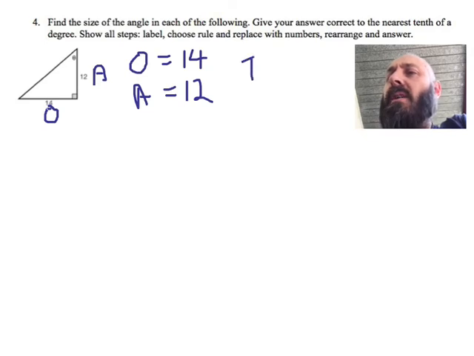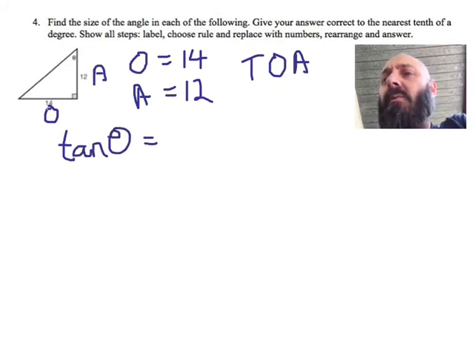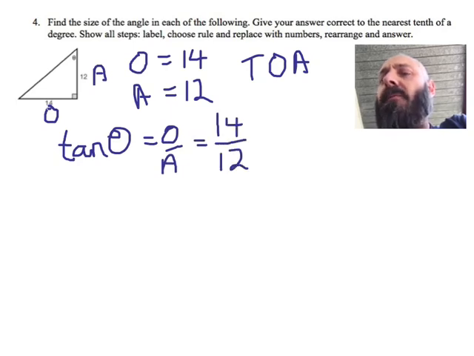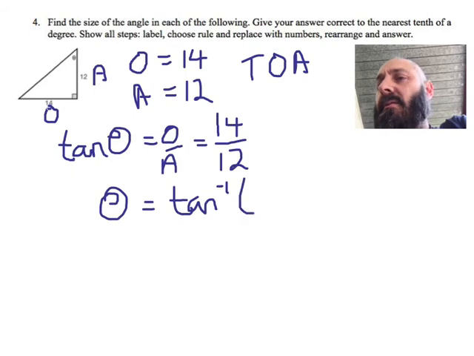From SOHCAHTOA, tan is opposite over adjacent. So I can go tan theta equals opposite over adjacent, which is 14 over 12. Theta is the anti-tan of 14 over 12.